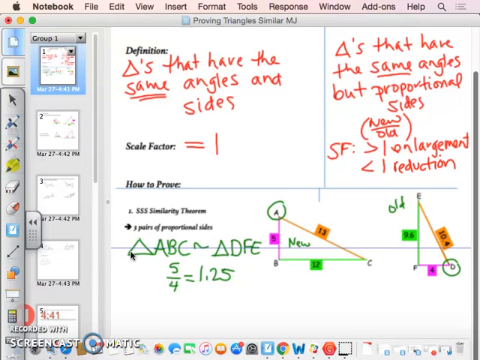Second, I look at the green side: 12 over 9.6, and when you divide that out, you get 1.25. Now the orange side, 13 over 10.4, and that also equals 1.25. And so I can say, because of the SSS theorem, that these two triangles are similar.